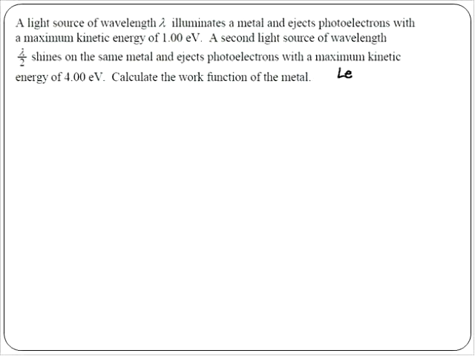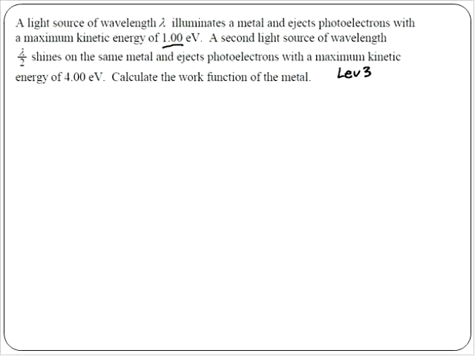Here's another level 3. This is a level 3 from part 2. Now this one's a little bit challenging. But the most challenging part of this one is the actual solving of the equation. So we've got a light source with a wavelength lambda, illuminates a metal, and ejects photoelectrons with this energy.